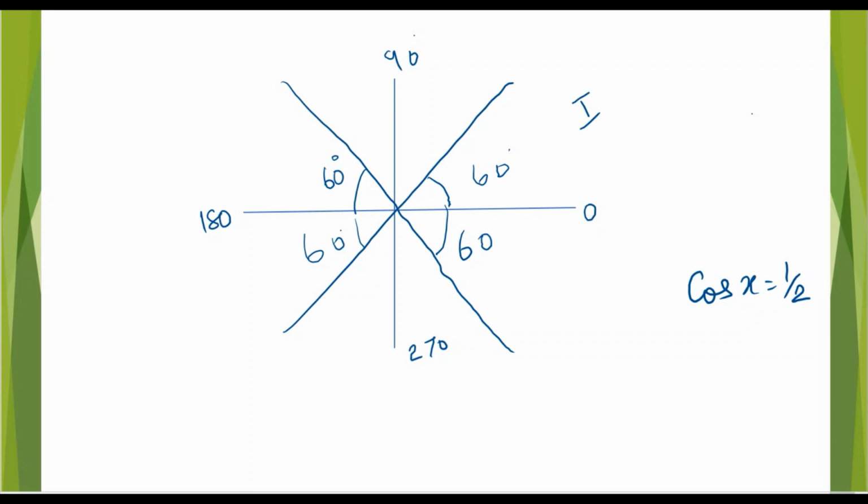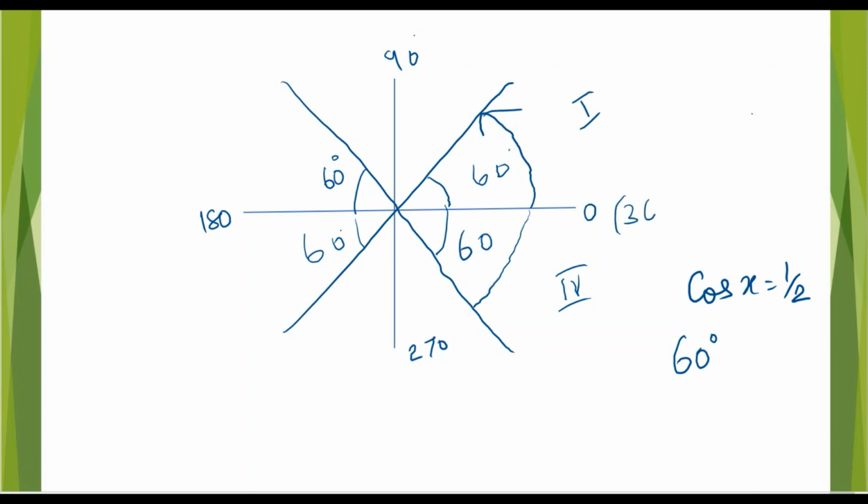So here, first and fourth quadrant, because in the first and fourth quadrant only cos is positive. Okay, so from here take the angle clockwise 60 degrees. So you'll get 60. One more angle you have to get from 360.